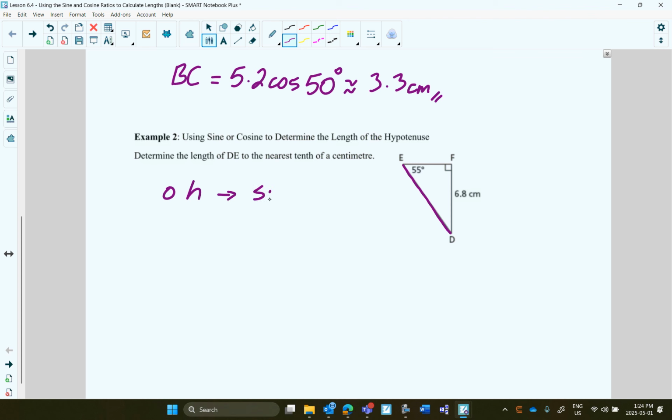Sine. So sine of the angle, 55 degrees, equals the opposite side, which is? Do I know the length of the opposite side? 6.8. Over the hypotenuse, which is DE, that's the unknown.